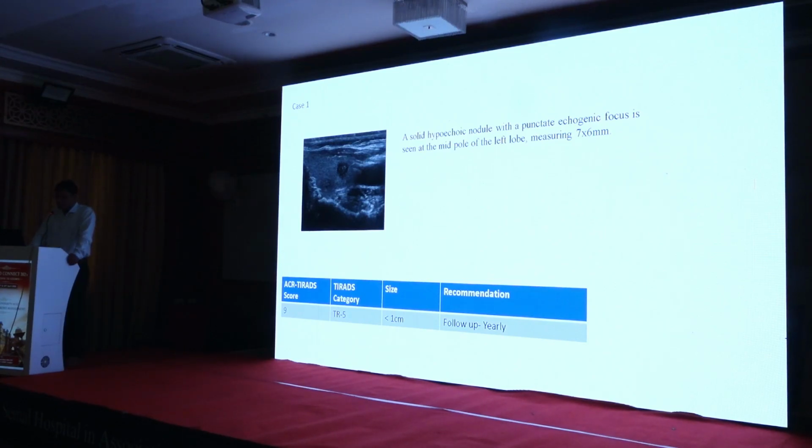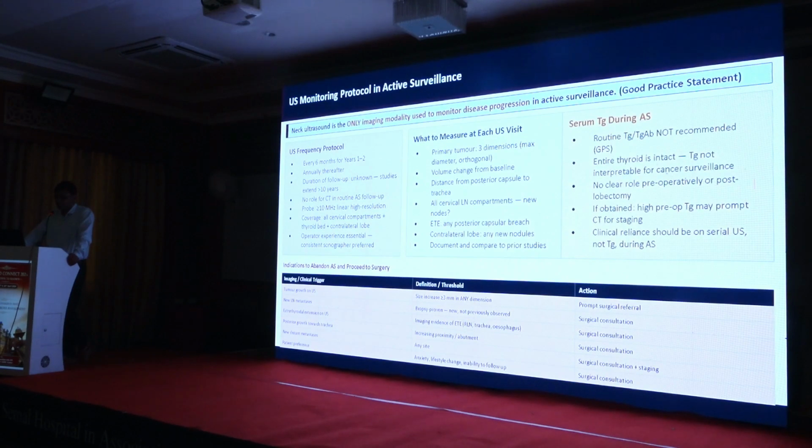It is not near the danger triangle, nor the trachea. So the TIRADS score is high; the TIRADS category is 5. The size is less than 1 centimeter. The recommendation says we can follow up yearly. Once the size reaches 1 centimeter or more, then we will do an FNA. If it remains the same for 5 years, probably we can stop following after that.